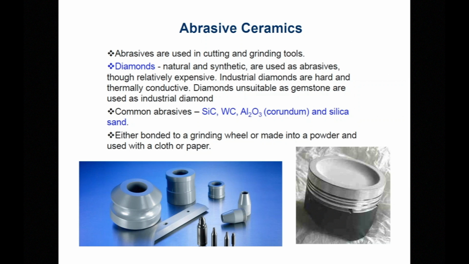But for wear and tear, ceramics are very reliable compared to many other applications. So for sure, whenever you have an abrasive application, cutting, grinding tools, you have a lot of ceramic components.